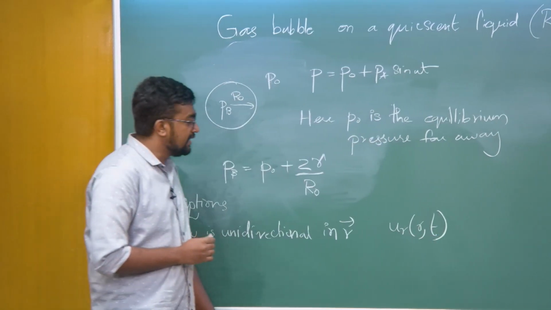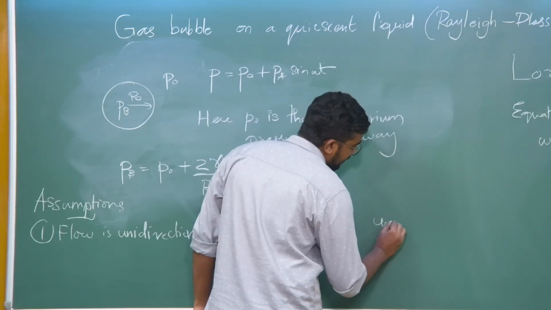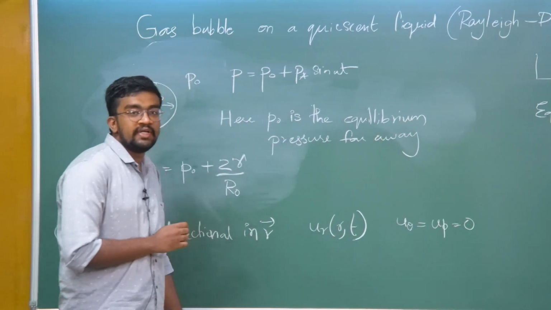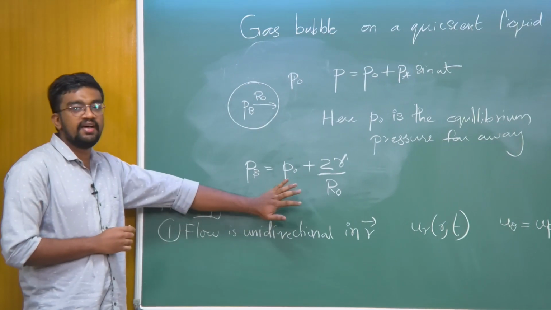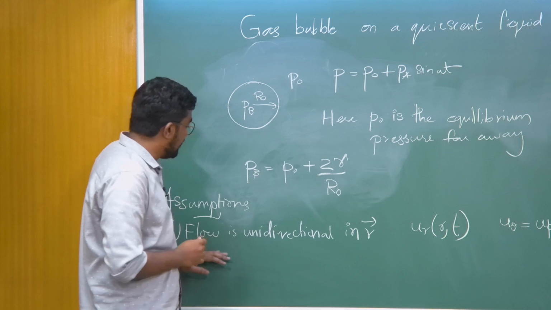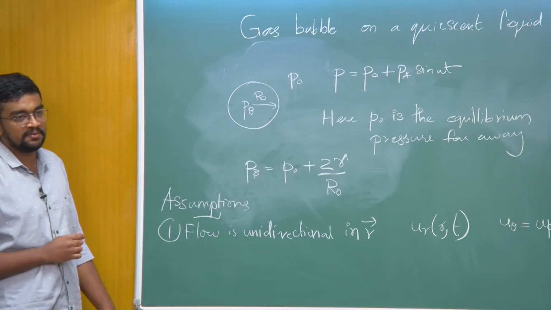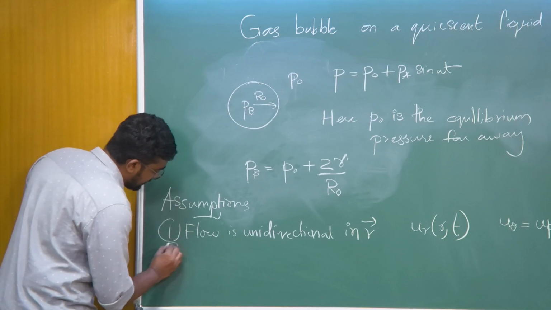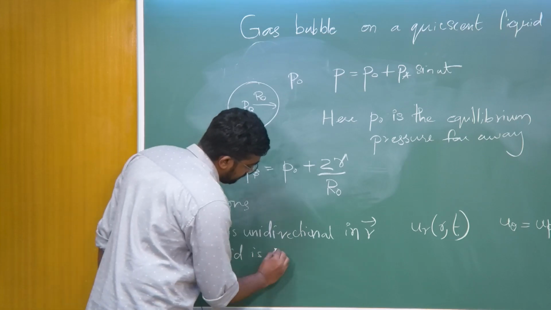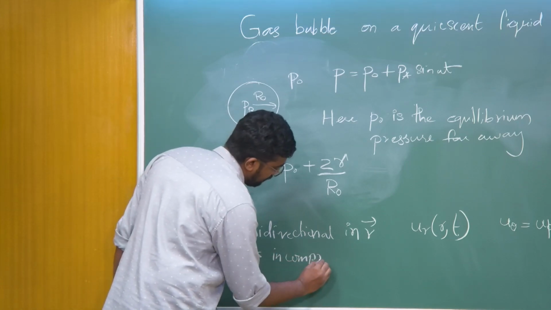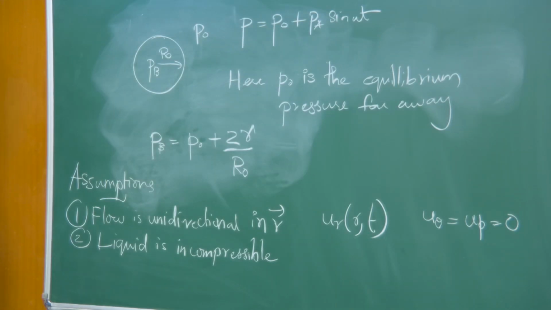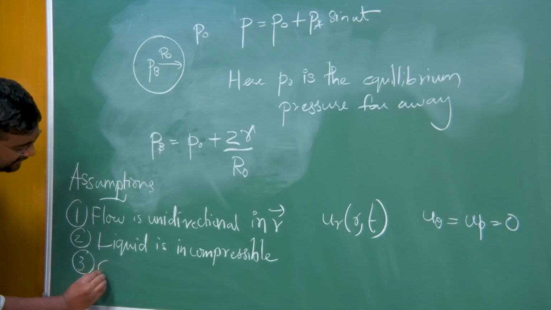There is no u theta, and u phi is equal to 0. In spherical coordinates, we only have r variation with respect to time. That means only the radial component of velocity is present. Another assumption is that the liquid is incompressible. The next assumption is that the gas is compressible.